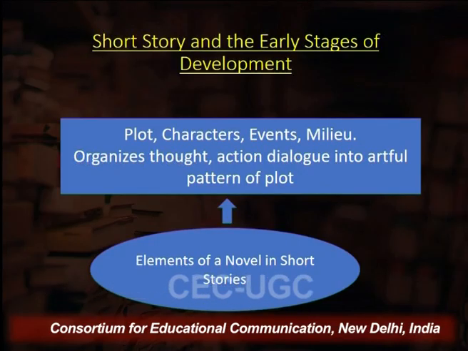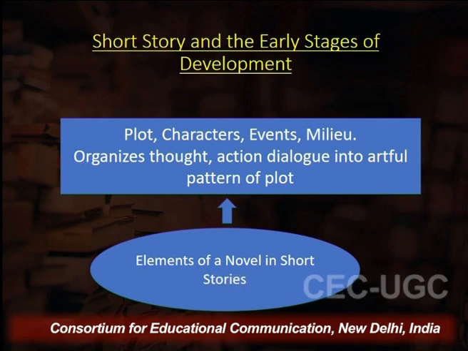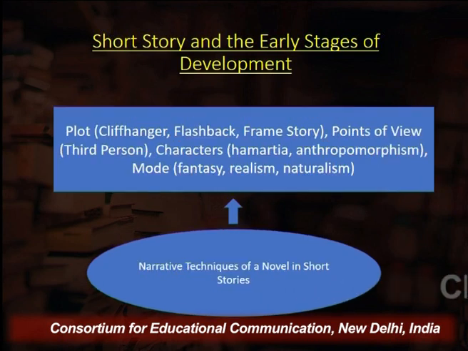That what is happening at the time when these events are, or where these events are situated. So all these together form the milieu of a given text. So we see that all these aspects are common to the short story as well as the novel, and that's why short story is a brief fiction as compared to the longer form, which is the novel.